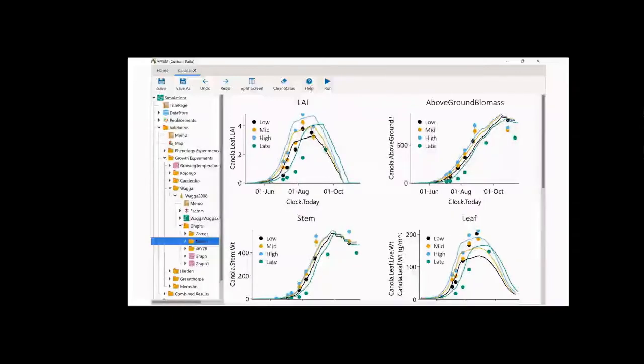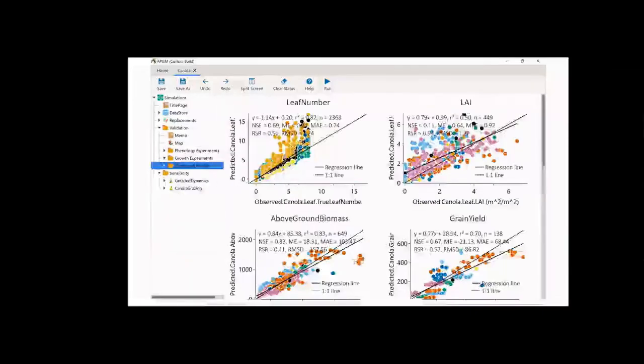And inside those data sets, we have good measurements of canopy development in terms of leaf area, biomass accumulation, and partitioning between leaf and stem. That's a good example of the types of data sets that we have chosen as part of the validation sets.